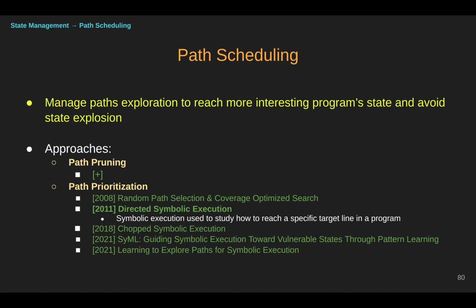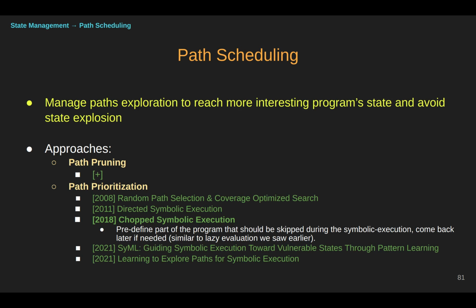If a state seems to be getting further from the target, then you deprioritize it. It's not entirely correct, but it is a good approximation. If you have some measure of distance in the binary, and a state seems to be deviating away, then you can deprioritize it. Of course, that state could eventually reach your target, but these are heuristics, and it might help. This is also used in fuzzing as well.